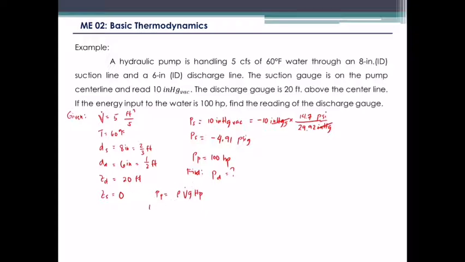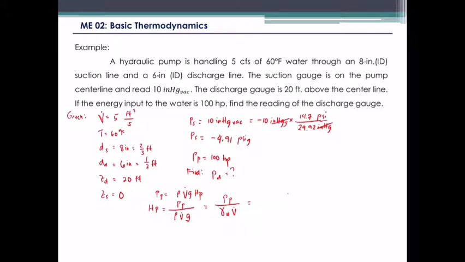Therefore makuha na ang total dynamic head of the pump: the power of the pump over density times volume flow rate times gravitational acceleration, or power over gamma of the water times the volume flow rate. Okay, let us try to substitute.